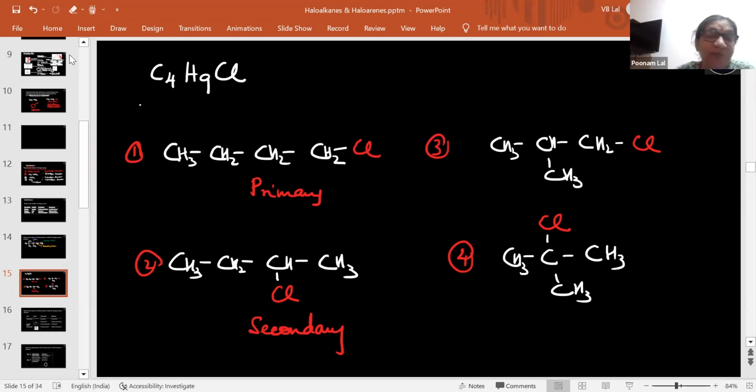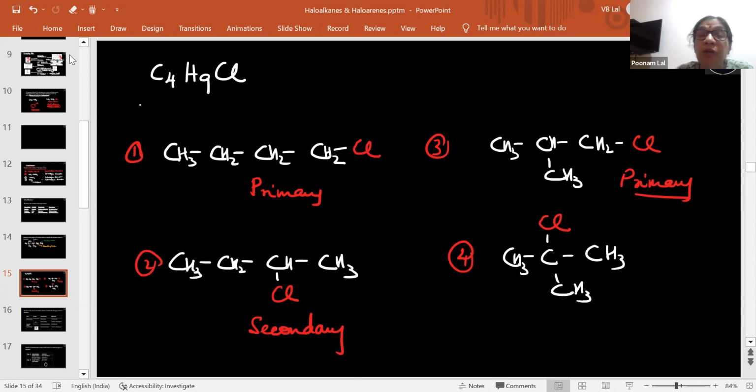I knew you would say that. Now look at it. Hariharan? Primary, ma'am. It is primary. Now see carefully. I told you, look at the carbon to which Cl is attached.